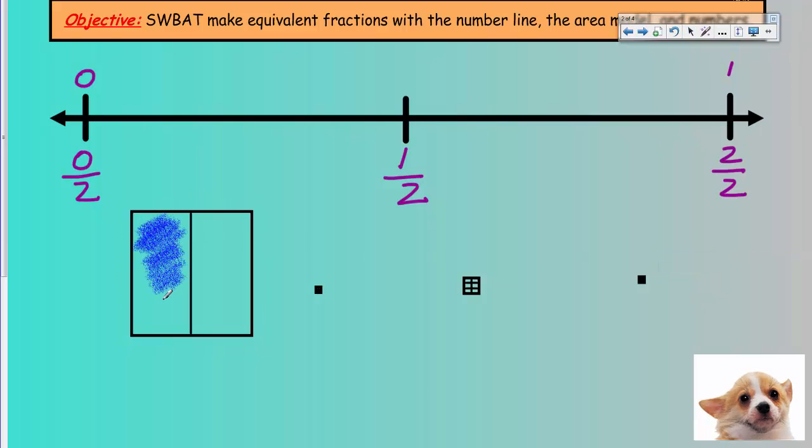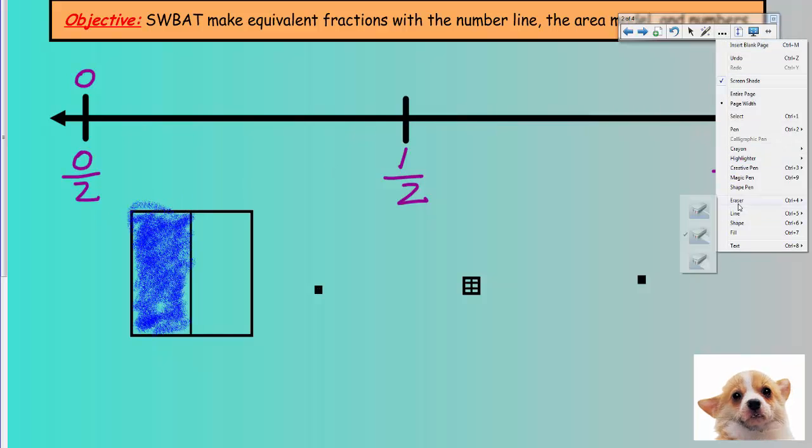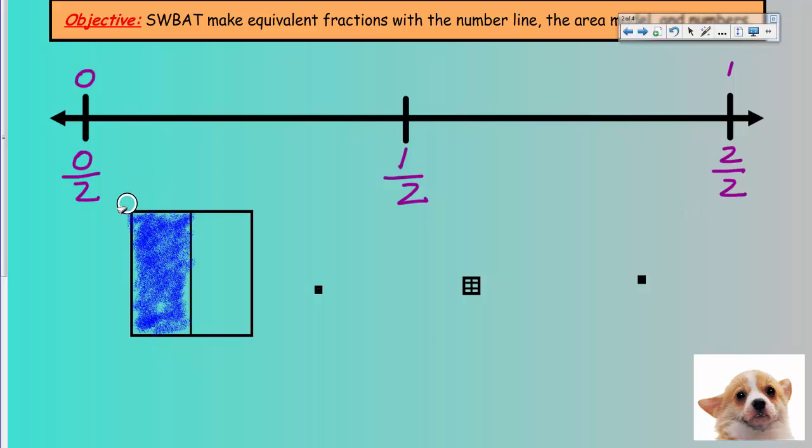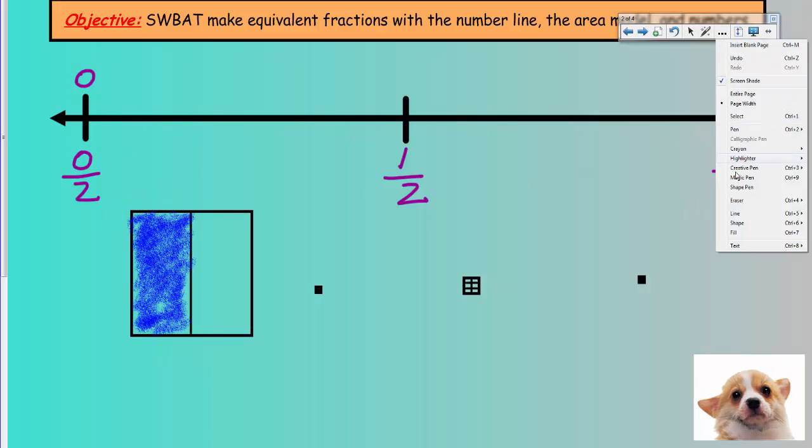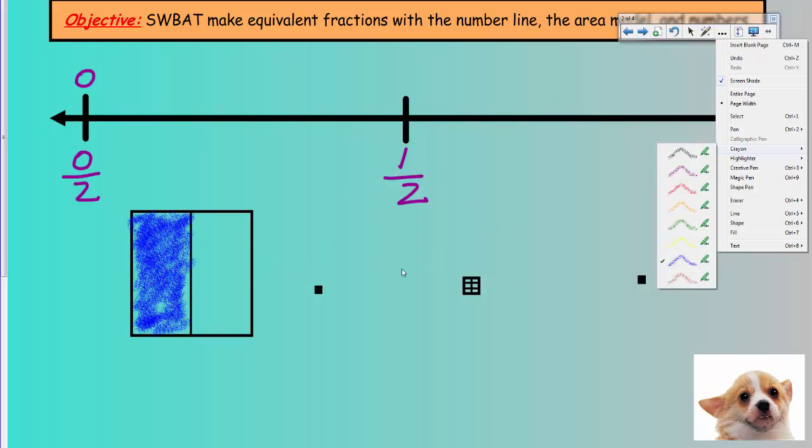We could show 1/2 by simply shading in one part of this whole here out of 2. I'm not a really good colorer, am I? I went outside the line. Anyway, so that would be a great way to do that. We'll fix that right now, and represent 1/2, because we have one group of 2.